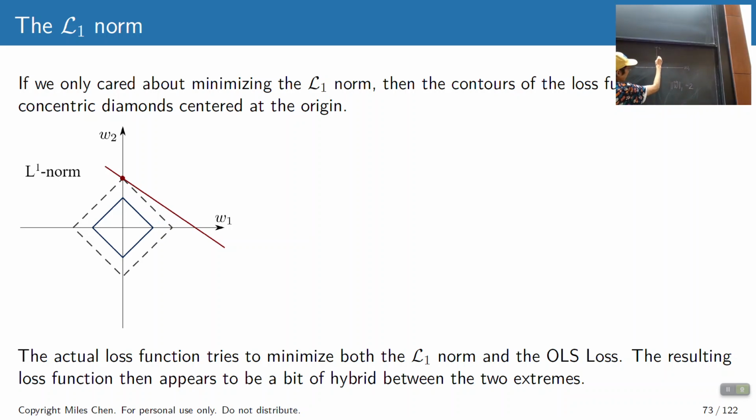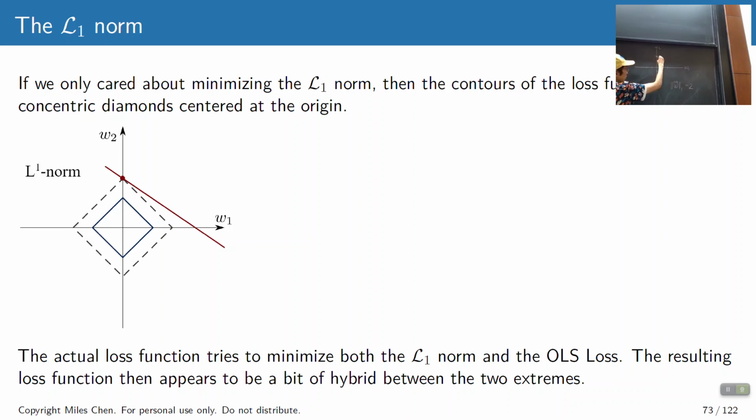Well, you can have W2 be 2 and W1 be 0. You can have W1 be 1 and W2 be 1, or you can have W1 be 2 and W2 be 0. You can have 1, negative 1, or 0, negative 2, right?